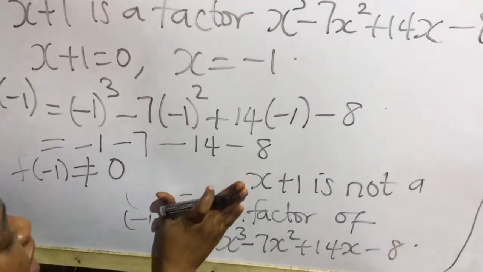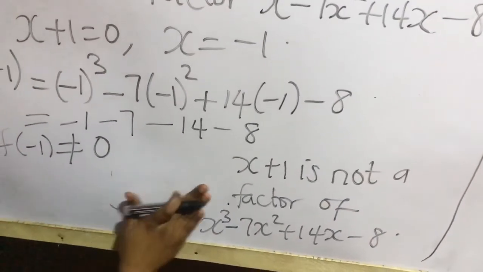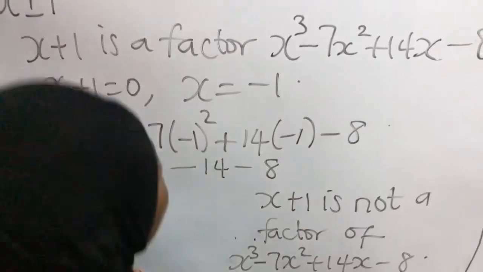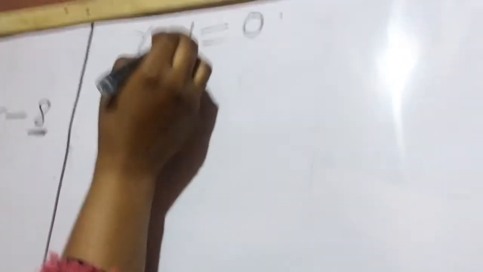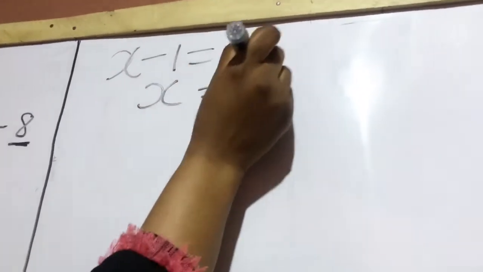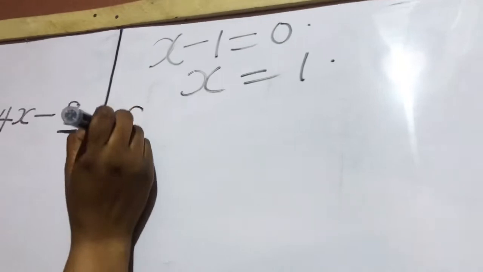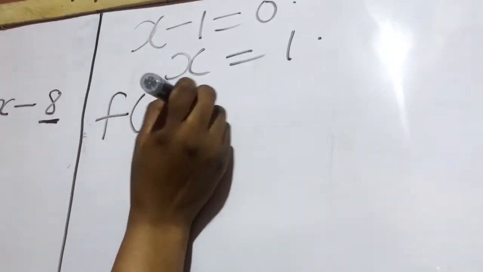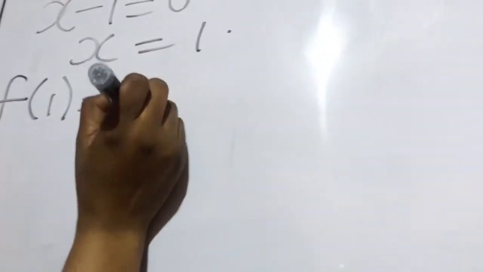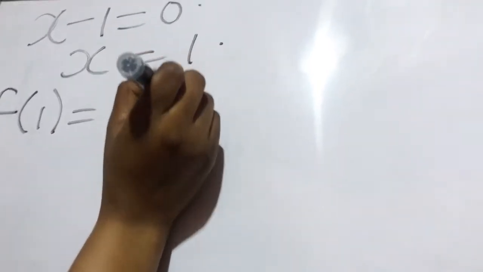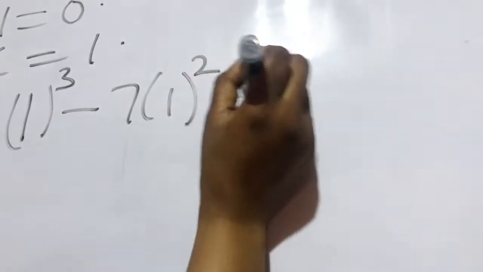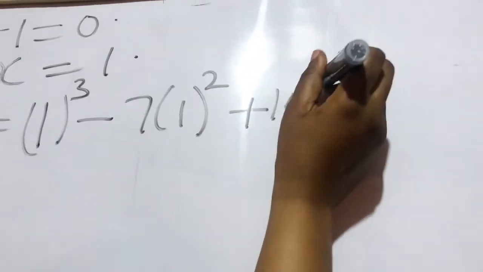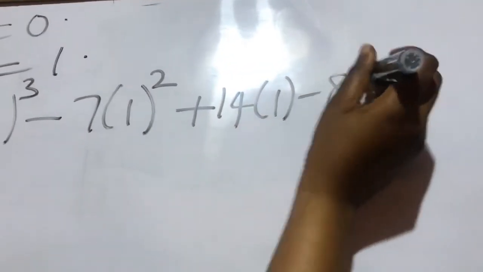So the next thing we need to do is test for x minus 1. You equate x minus 1 to 0, then you have x equal to 1. So wherever we see x now, we put 1: 1 cubed, then minus 7 multiplied by 1 squared, then plus 14 multiplied by 1, then minus 8.